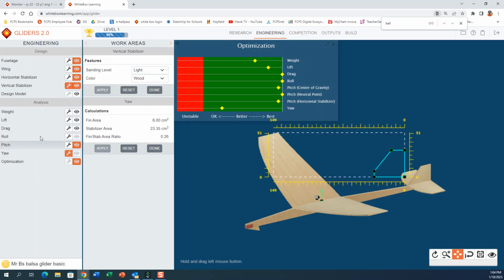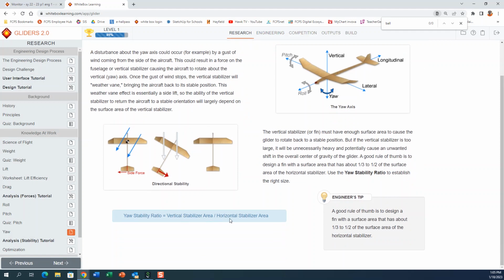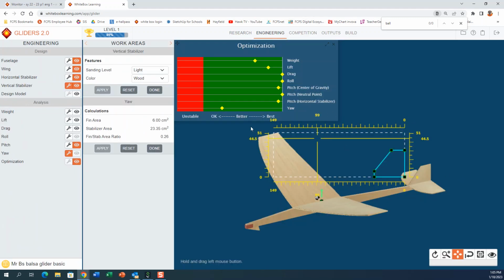And so by turning on this yaw right here, because that's what we're working on, yaw, in other words, flying straight, it tells us that relationship is 0.25 or 1/4, so it's too small. So that tells me that we need to make this bigger because this relationship is the size of the vertical divided by the size of the horizontal.